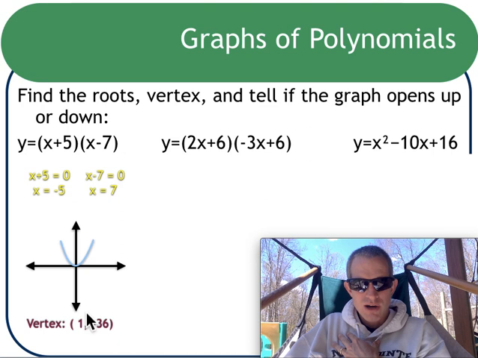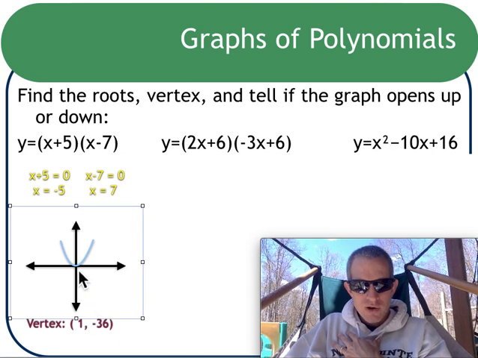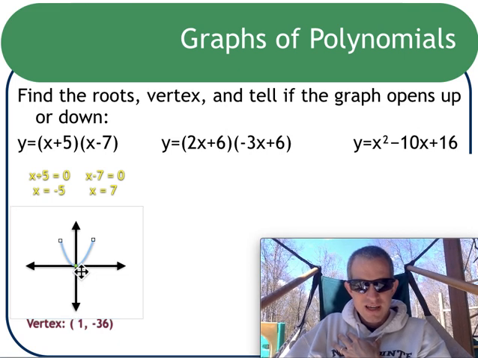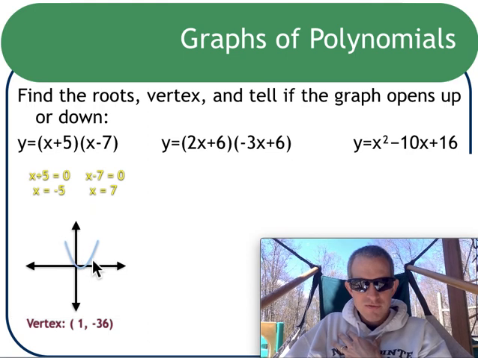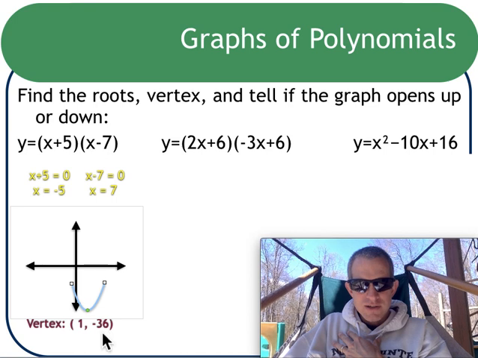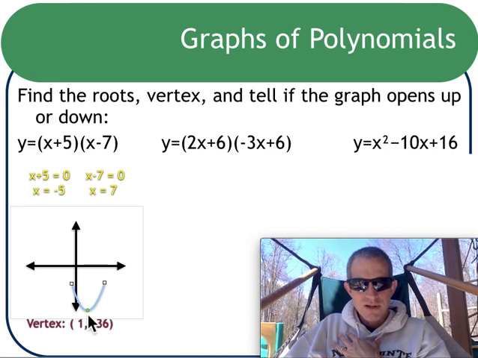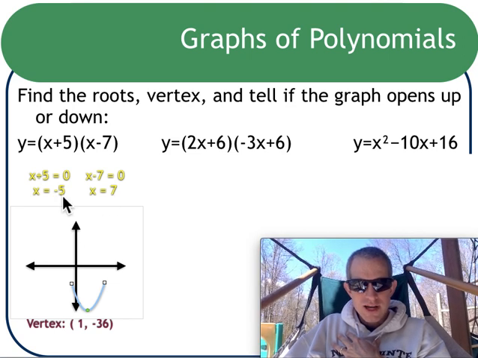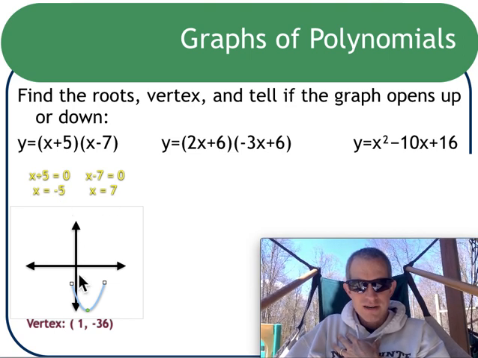So here's an xy plane. I know that its vertex is at 1, negative 36. And so if I move this over a little bit and down quite a bit, it's going to eventually have its lowest point at 1, negative 36. And then I also know a couple of other points it goes through. It has to go through x of negative 5.